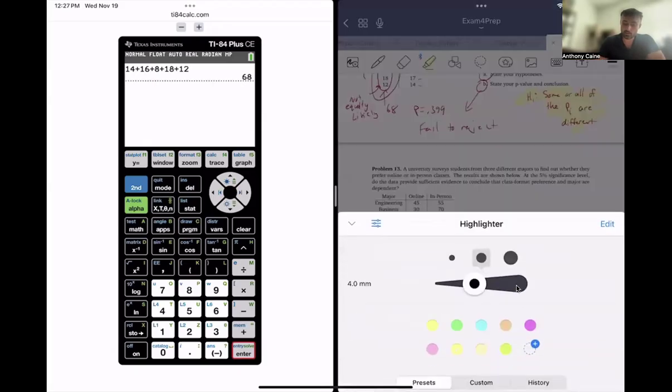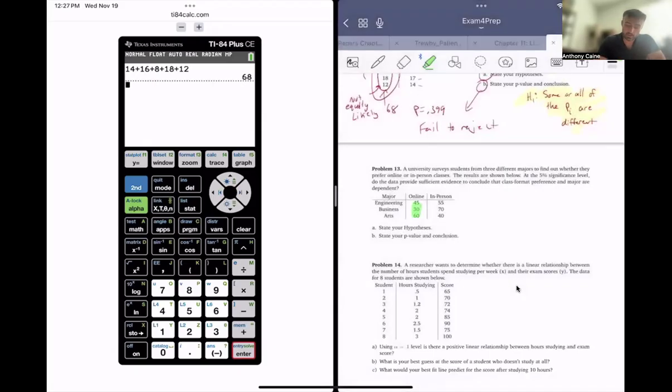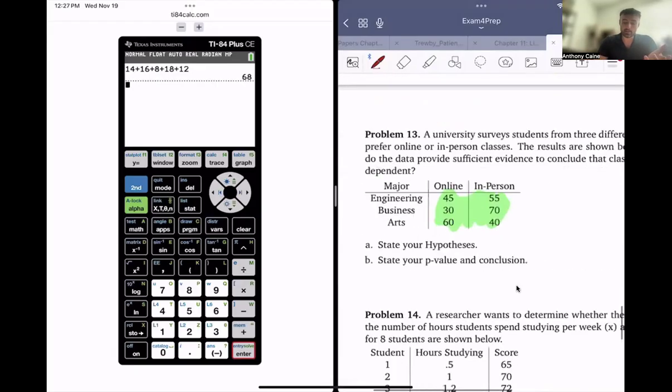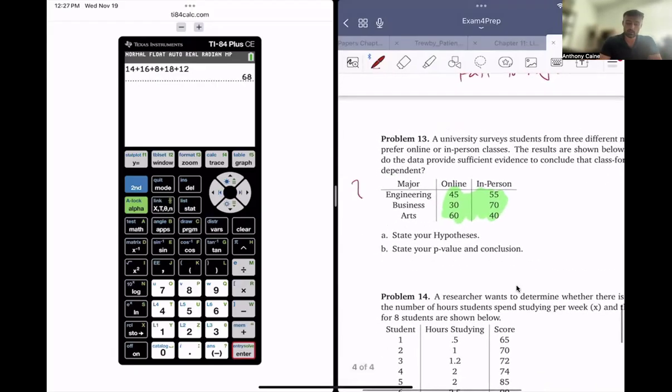Whereas something like this, there's no expectation versus observation type of thing. This is just a regular chi-squared test. And for a regular chi-squared, you're always going to have a data table. You're going to have multiple columns and multiple rows.